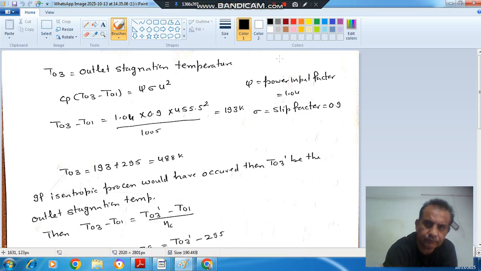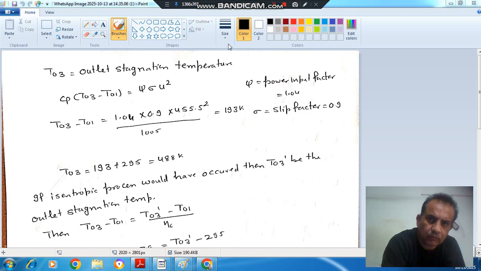Now we'll find the stagnation temperature rise. That is your work done in terms of power input factor, slip factor, and U squared. Power input factor is 1.04, slip factor is 0.9.